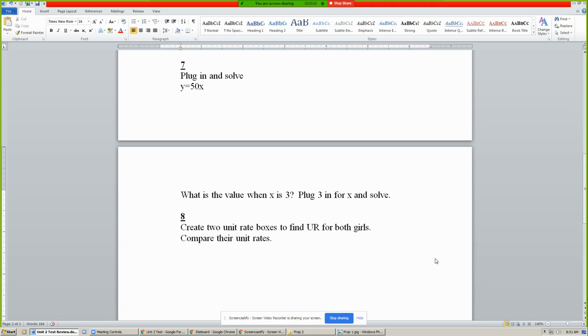So you're comparing their unit rates by subtracting. You might want to underline the fact that you're going to need a separate unit rate box for each girl.